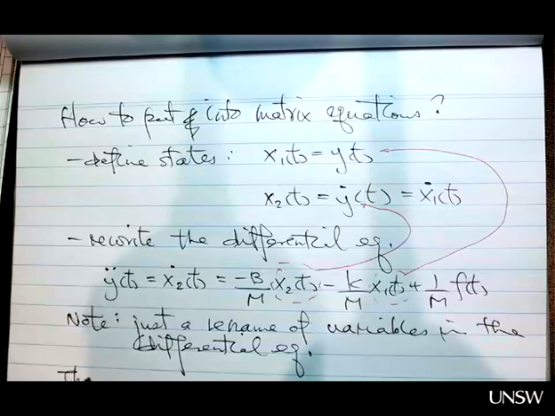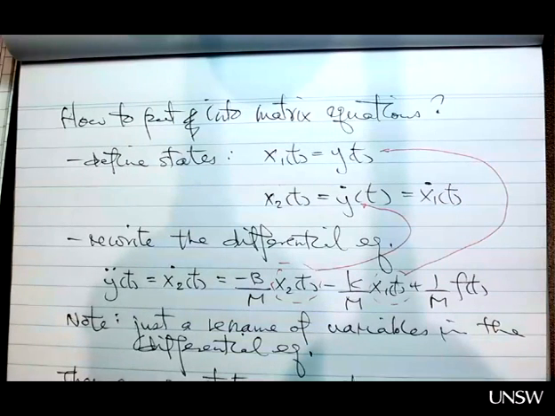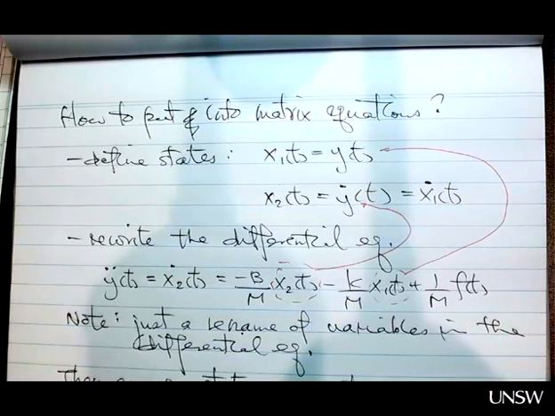Then arrange the states as vectors. So in our example, we have x1, x2, and this one is the state vector.